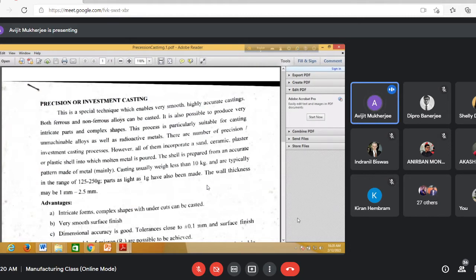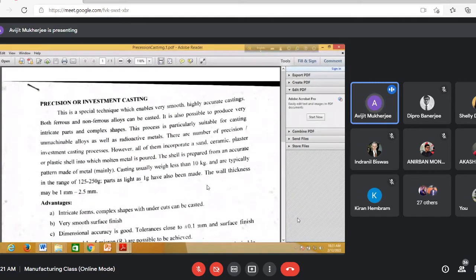But in this precision or investment casting, the technique is so that we can produce very small, that is light job, 1 gram, very thin foil, like say 1 millimeter to 2.5 millimeter thickness, 1 millimeter thin foil molding. So that is also possible. So what are the advantages?